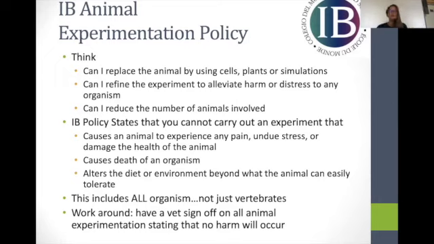You want to make sure that you're not going to kill the animal. Death for plants and animals is never a data point. And you need to make sure that you're not altering the diet or the environment beyond what this animal can easily tolerate. Note that this includes all organisms, not just vertebrates. And like I said, the workaround is to have a vet sign off on anything that involves animals.